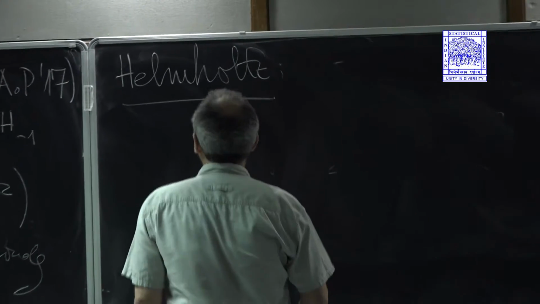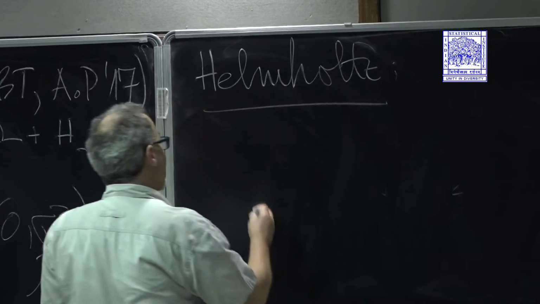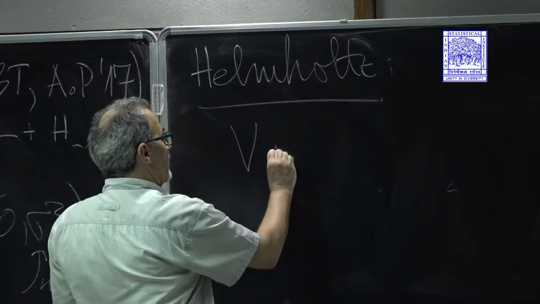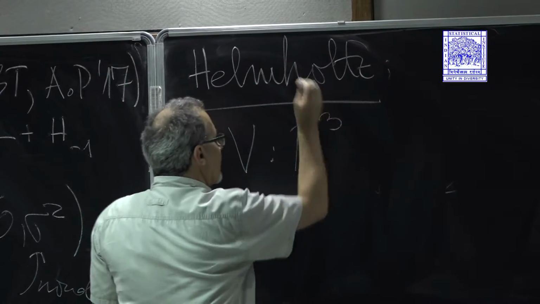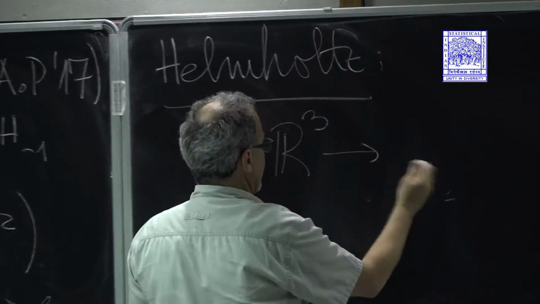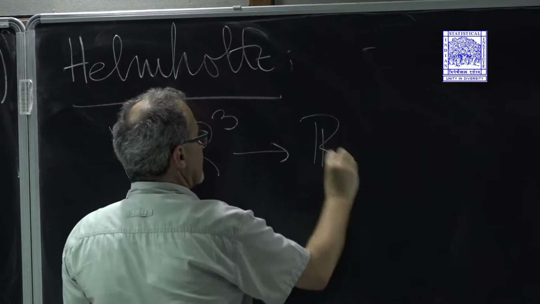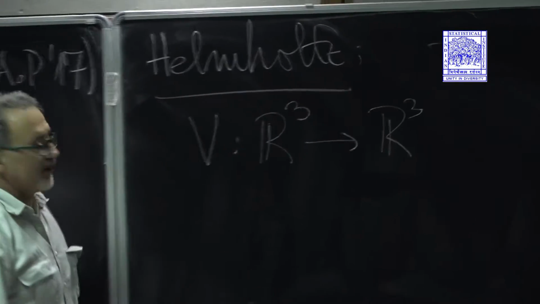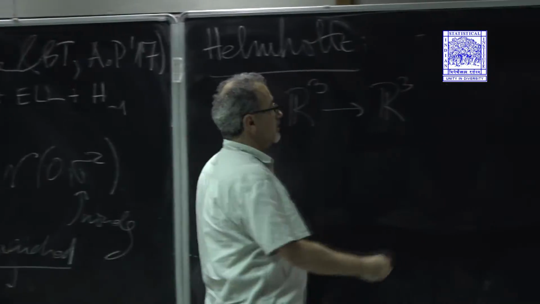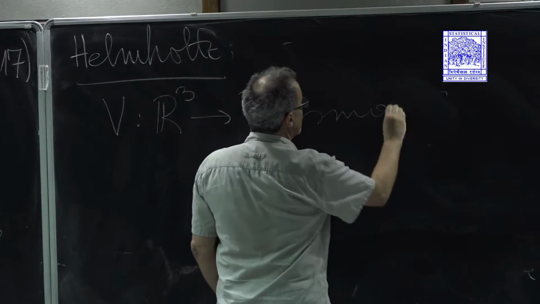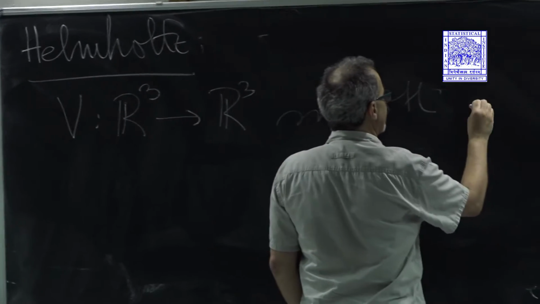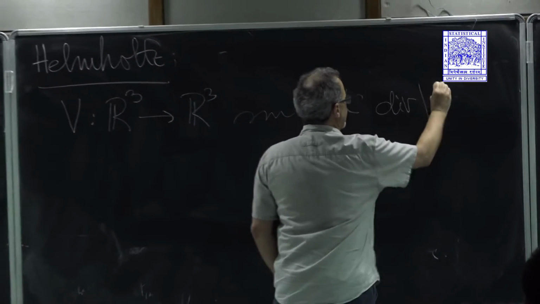Helmholtz's theorem says the following: let V be a vector field on R3 to R3, which is smooth and divergence-free. No randomness.